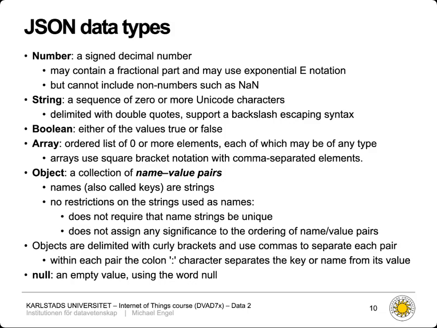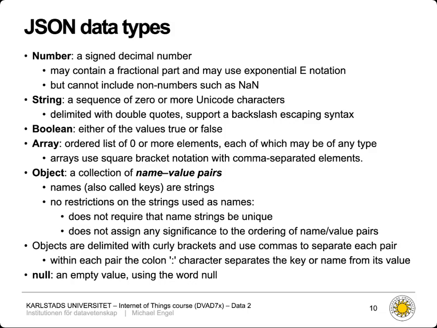We've also seen strings. A string is a sequence of 0 or more Unicode characters or code points. Strings, like we are used to, are delimited with double quotes, and if we need a double quote inside of a string, we can use a backslash syntax to escape that double quote, so we can insert a double quote character inside of a regular string.